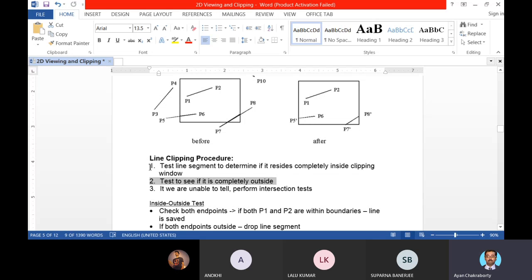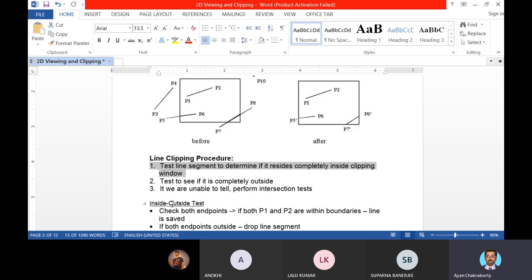In the first point, as you can see here, we have checked the test line segment to determine if it resides completely inside the clipping window or not. That is the case of P1, P2, the line which is completely inside the clipping window. So how can we check that? We will check whether these two endpoints of the straight line, P1 and P2, are completely inside the clipping window or not.